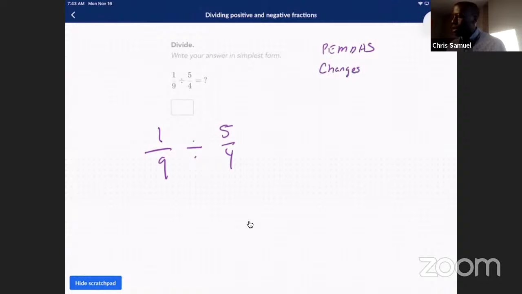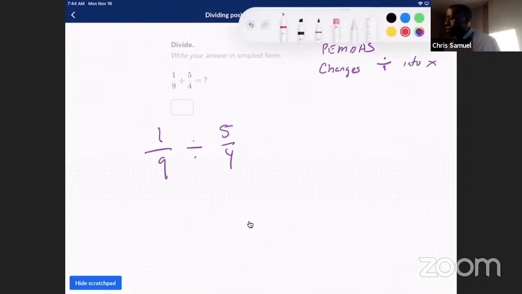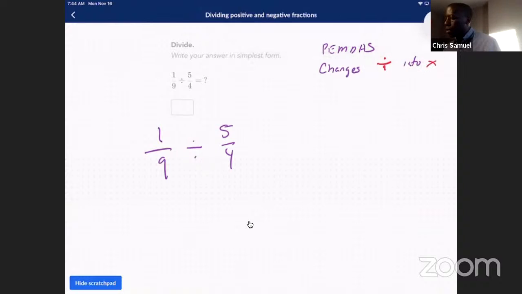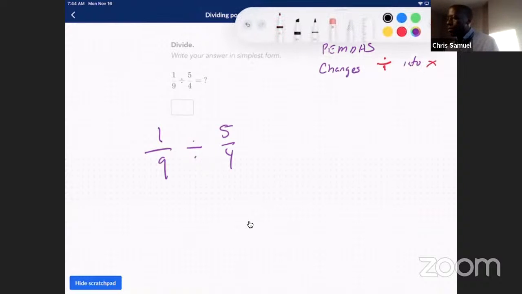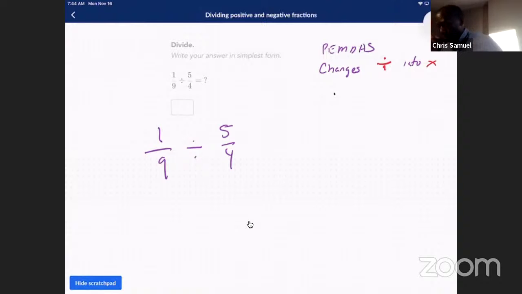We change the division into multiplication. Then we do the reciprocal.